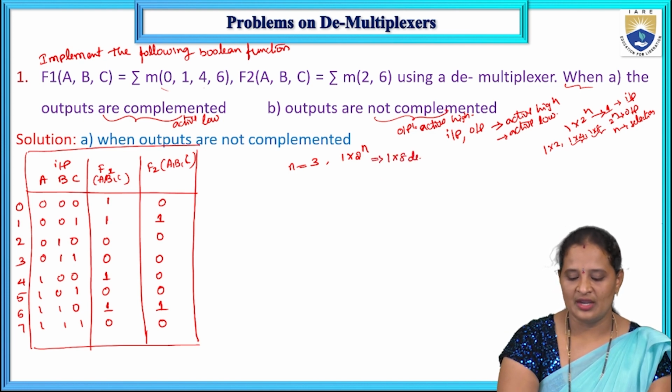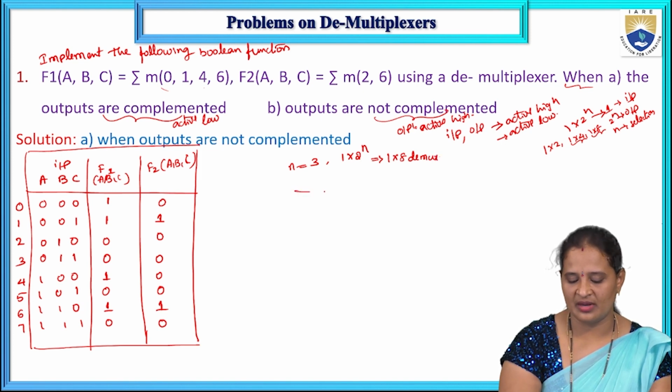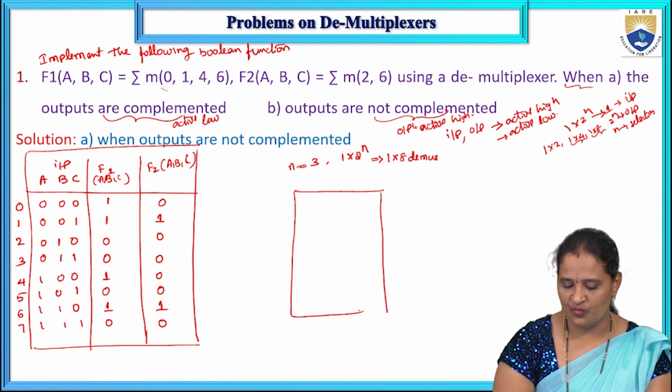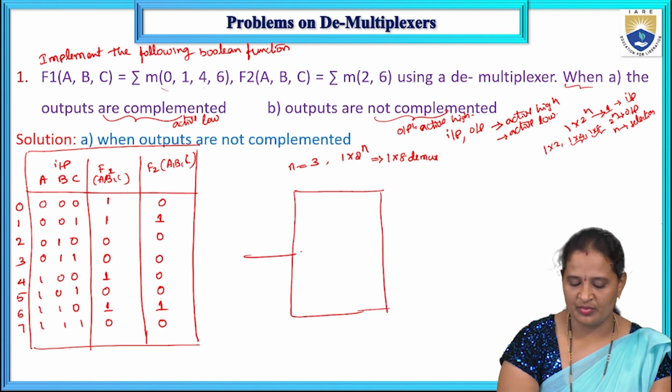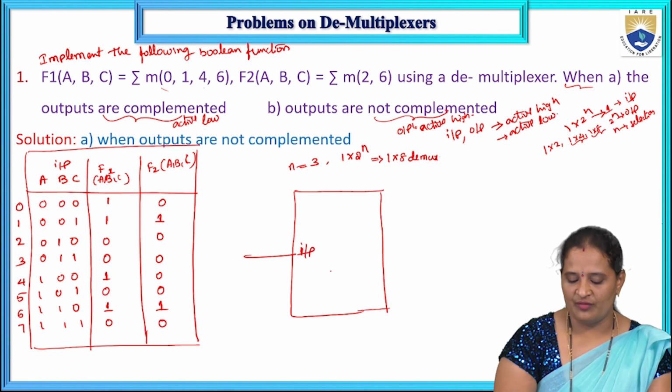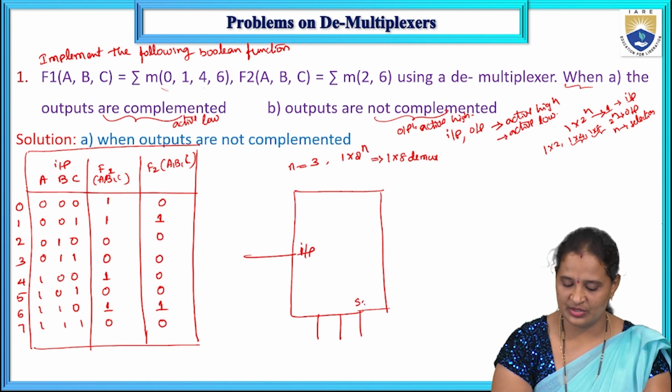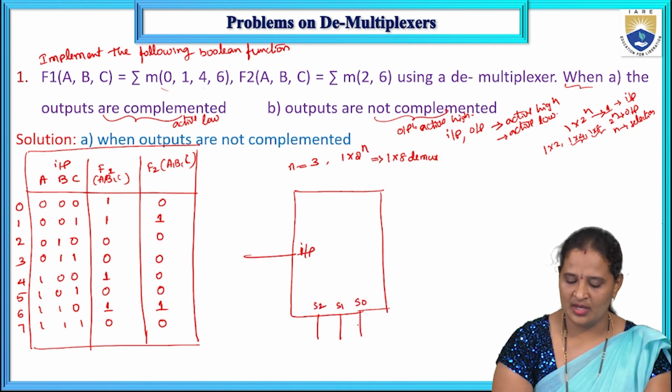So now I am taking the 1 to 8 demux, where we have only one input line. This is my input, and we have 3 selection inputs. Let us take the 3 selection inputs as S0, S1, S2.